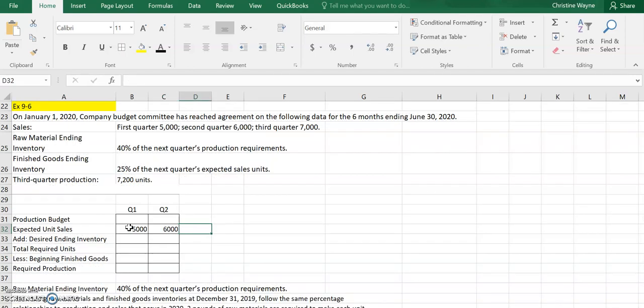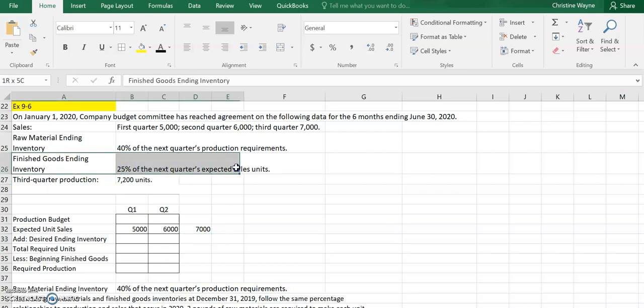They're only requiring these 2 quarters, but we need to know what sales are in quarter three to get some of our other numbers. For example, our desired ending inventory in our production budget is 25% of next quarter's expected sales units.